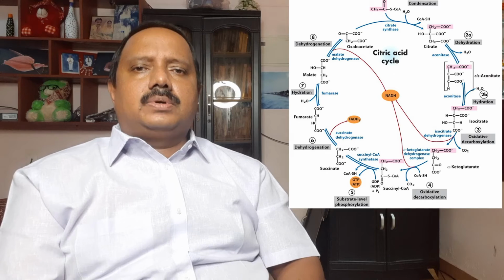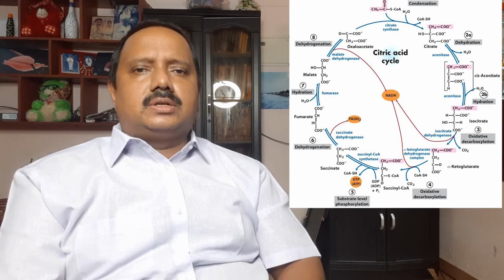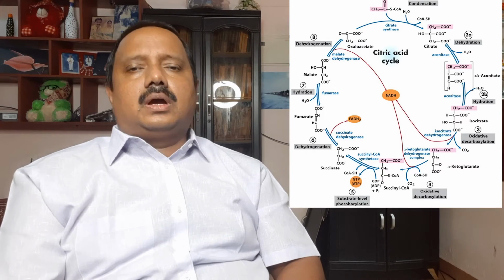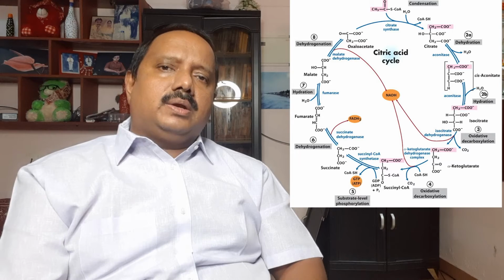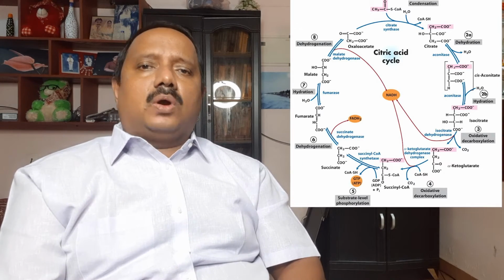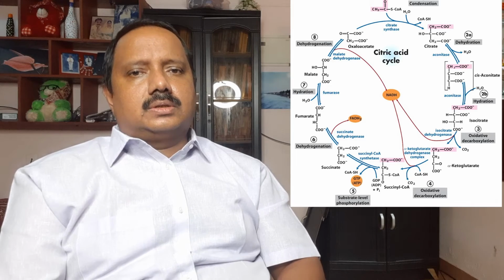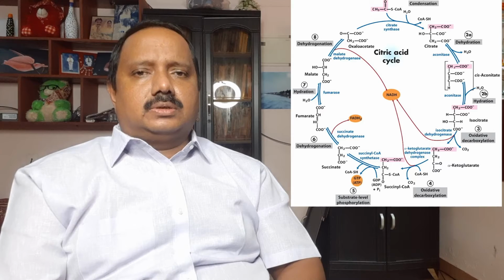In the next step, alpha ketoglutaric acid undergoes a decarboxylation reaction where the alpha ketoglutarate decarboxylase complex combines one molecule of coenzyme A, and the resultant molecule is succinyl coenzyme A, which is a 4-carbon compound.